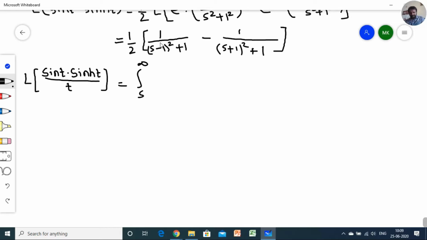So f of s is this part completely, so I will apply it directly here. I am writing 1 by 2 outside because it is a constant and my function is this part, so 1 upon s minus 1 the whole square plus 1.